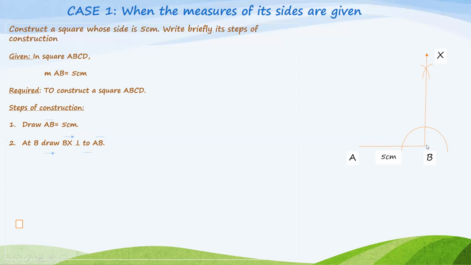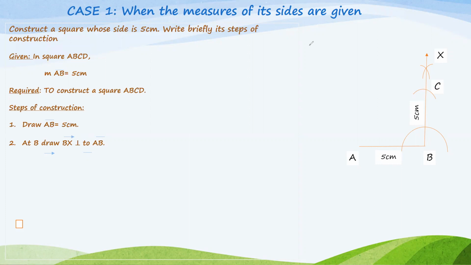The point where this arc intersects BX is called C. Not the whole arc, only the point here. Where this arc intersects this ray BX, this point is called C.